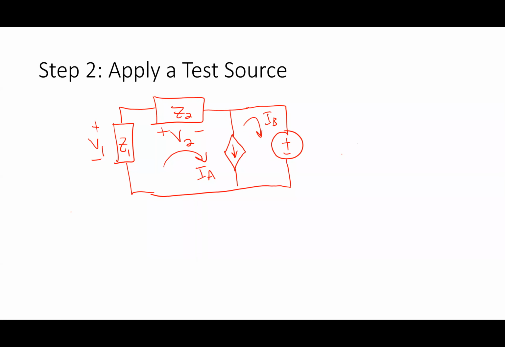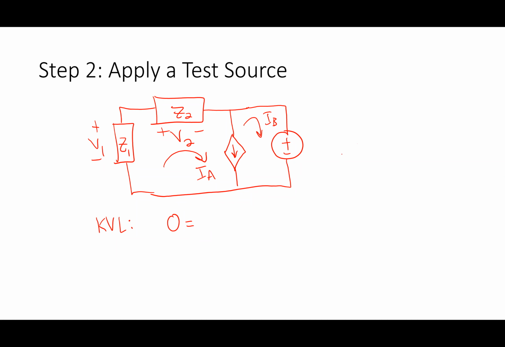So for the super mesh, if I write a mesh equation, do I write a KVL or a KCL? KVL. All right. So in my KVL equation, I always start in the bottom left corner and say 0 equals, how do I write this in terms of the voltages?